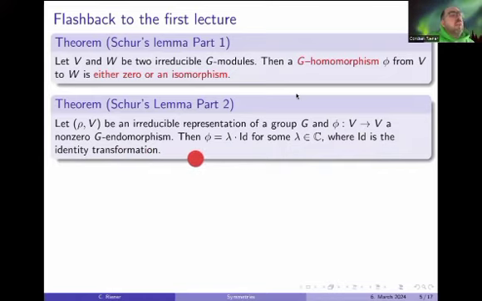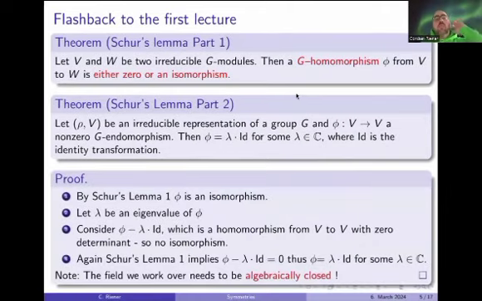Then we claimed that this is just multiplication with a scalar, namely lambda times the identity for some lambda in C. This was one of the corollaries that I invited you to prove, and I'll give you the proof now because it's a very easy proof.